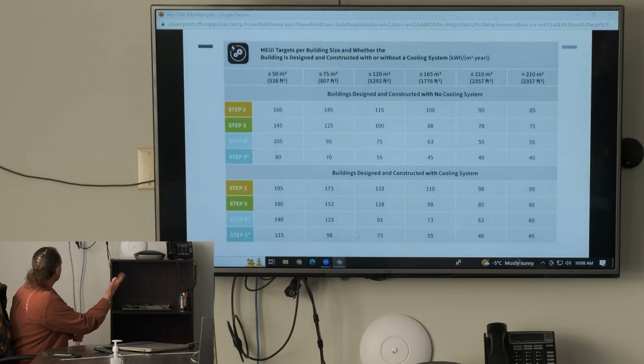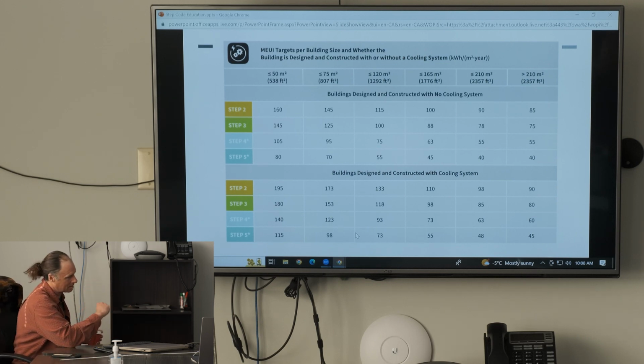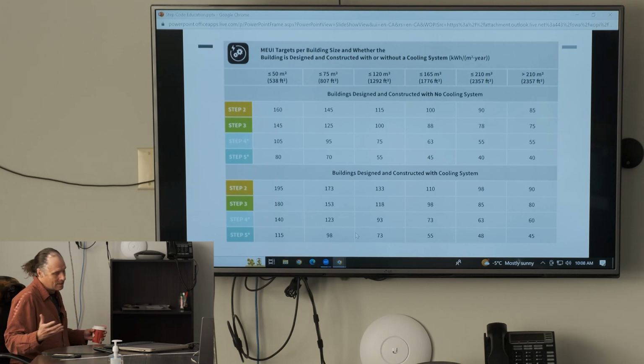So a little deeper into the metrics, and you can find this table in the Builder Guide web tool, which gives you a rough guide on whether you're reaching your metrics or not. This is kind of a handy thing to have. And this is something that is going to be calculated with the energy modeling software, right?